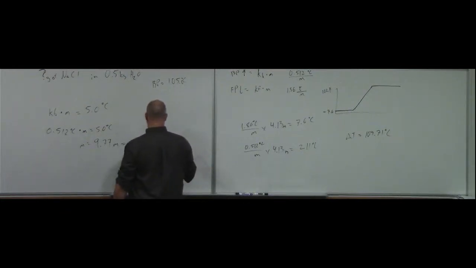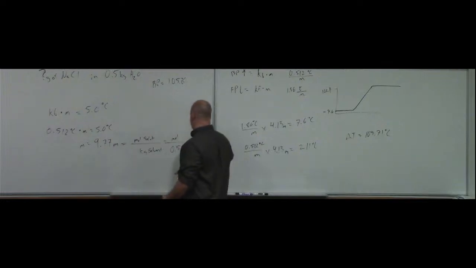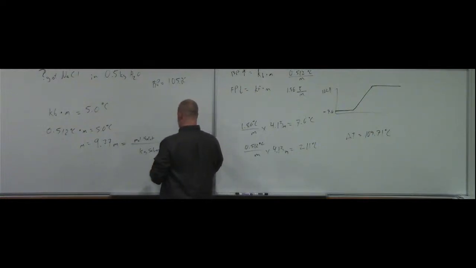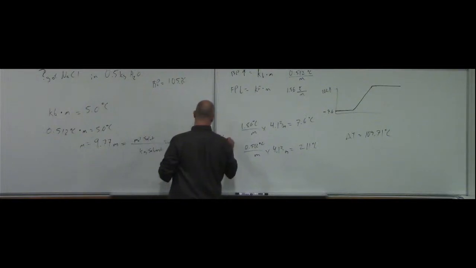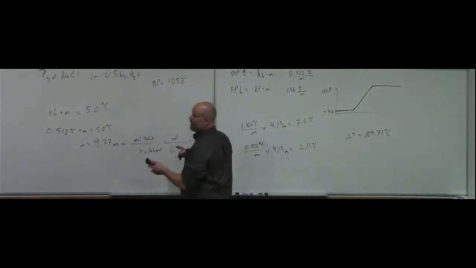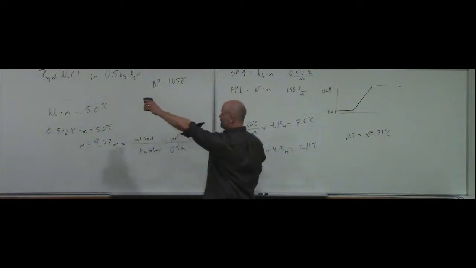So what I can do is multiply both sides by my 0.5 kilograms. 9.77 times 0.5 kilograms equals 4.885 moles of solute, which in itself does not tell me my mass just yet.